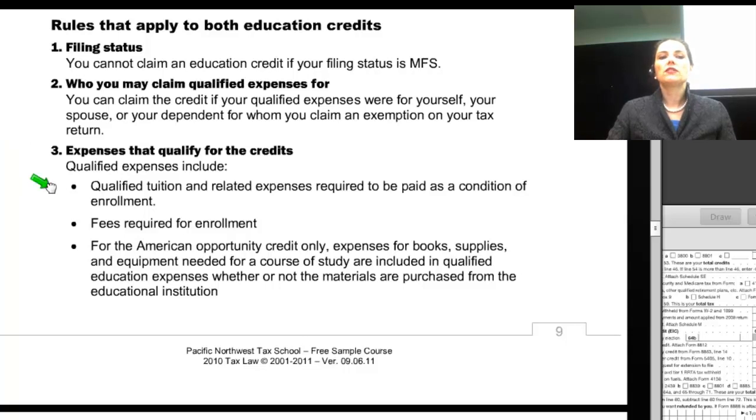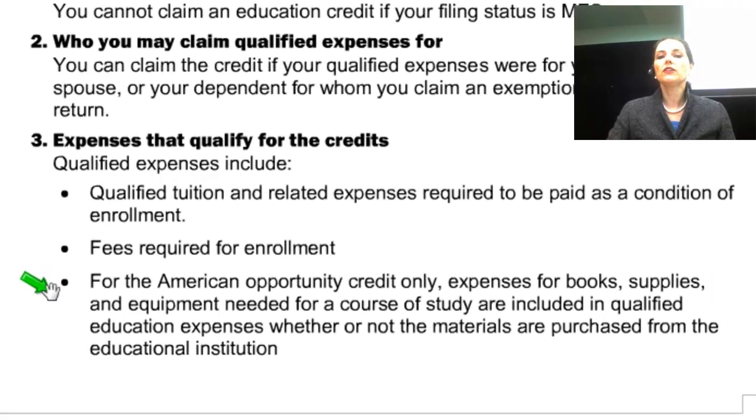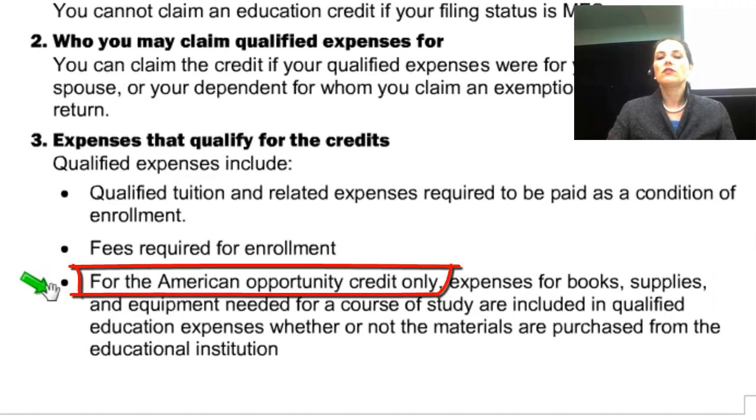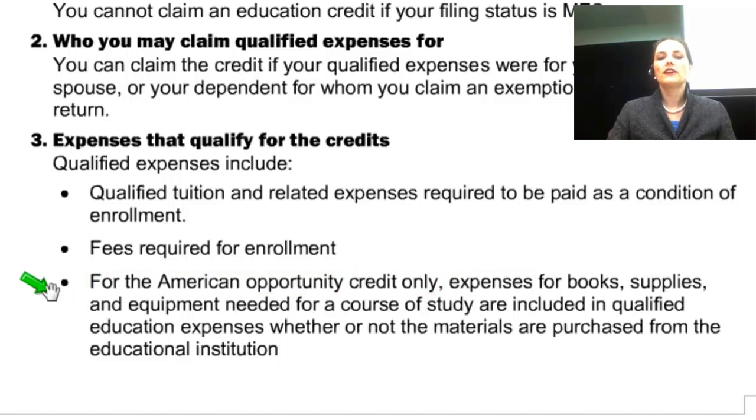Well, qualified expenses include the qualified tuition and related expenses required to be paid as a condition of enrollment and fees required for enrollment. For the American Opportunity Credit only, you can also claim expenses that you paid for books, supplies, and equipment needed for a course of study that are included in qualified education expenses, whether or not these materials are purchased from the educational institution.